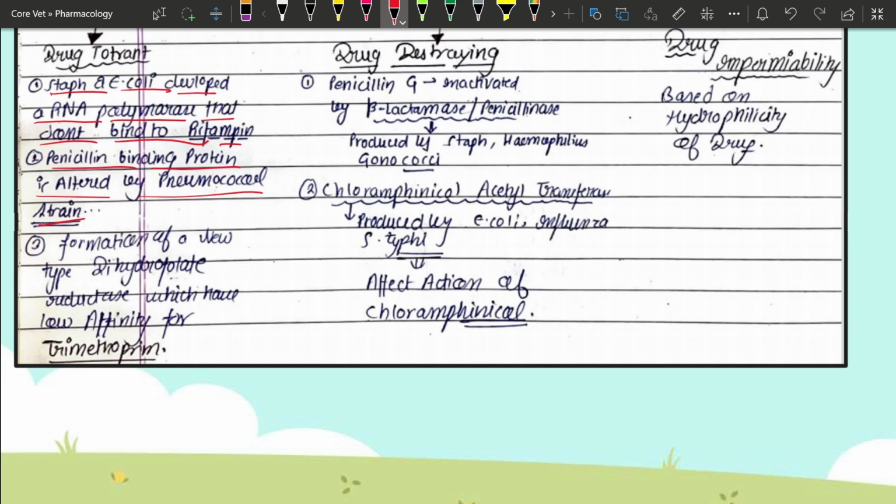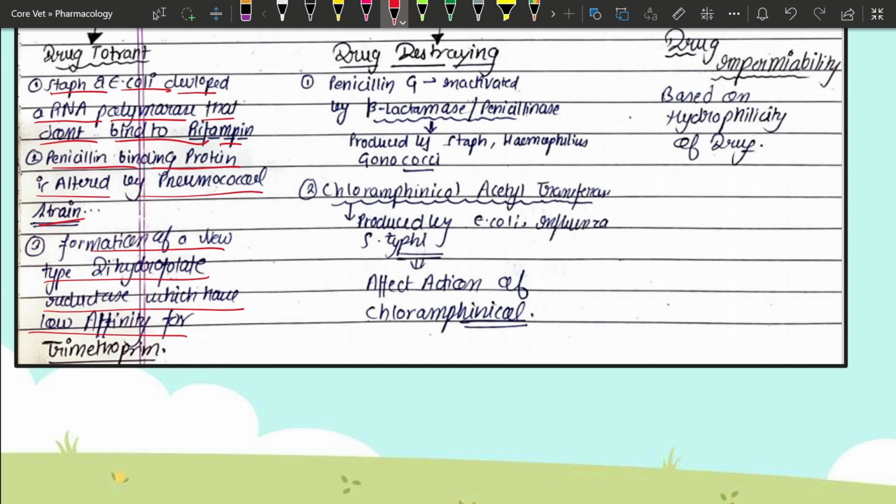Now coming to the next one, the formation of dihydrofolate reductase, which has low affinity towards trimethoprim. When you study sulfonamide and trimethoprim, you will see that both inhibit folic acid synthesis. Trimethoprim inhibits dihydrofolate reductase.